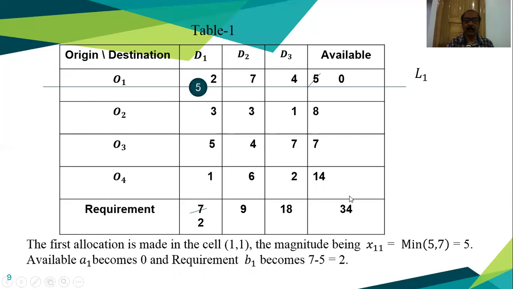So this is our first computational table, that is table 1. Now we move to the next table to check in which direction we have to move. Since the available is 0 in the source 1, we have to move downwards because the demand is still 2 units, which we have to meet.